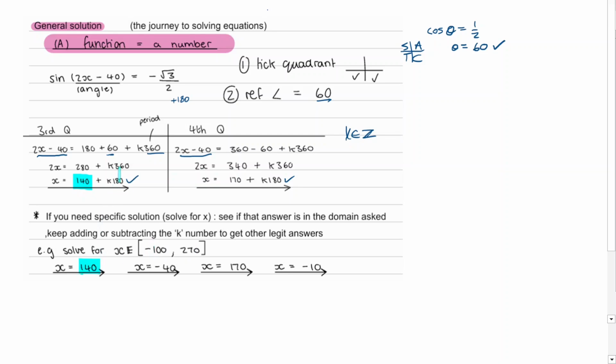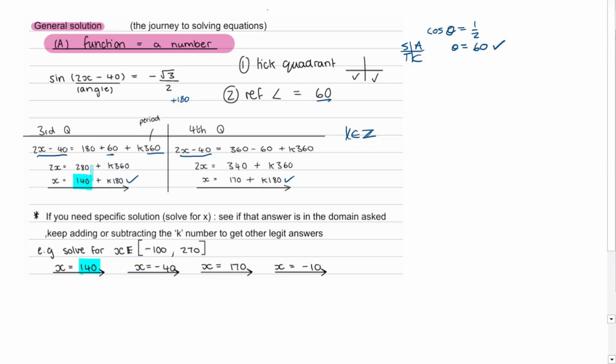K as an element of the integers means you can keep subbing in 1, 2, 3, 4, minus 1, minus 2, minus 3, 0, and you'll get a number that you can add to 140. I personally find it much easier to just say, did 140 land somewhere between here? Yes.